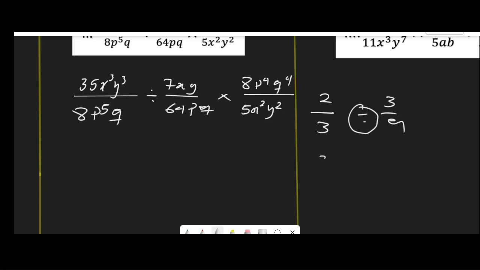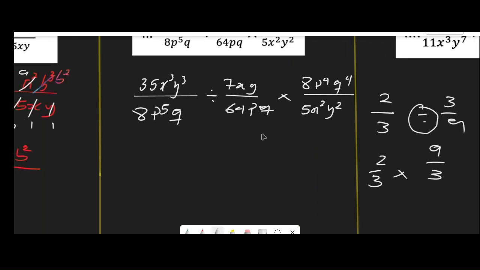So it's going to be 2 on 3 times, and we find the reciprocal of this fraction. So that's going to be 9 on 3. So just turn this one upside down. So the same thing that we're going to do here. So we change the division sign here to multiplication, and we find the reciprocal of the next fraction. So this is how the whole thing is going to be.